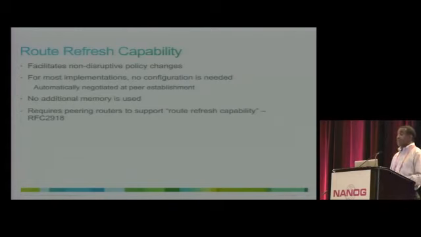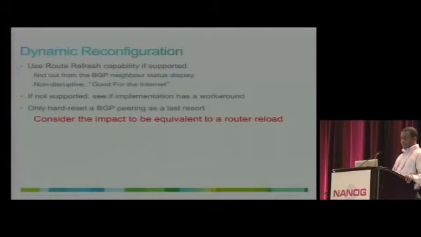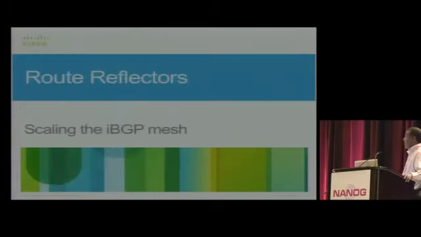Otherwise, you have to implement the soft reset capability that requires memory. In some implementations, you can say, if the route refresh is there, use the route refresh, otherwise use the soft reset that requires a lot of memory. This is basically a summary of what we discussed, so I'll go with the next scaling technique.